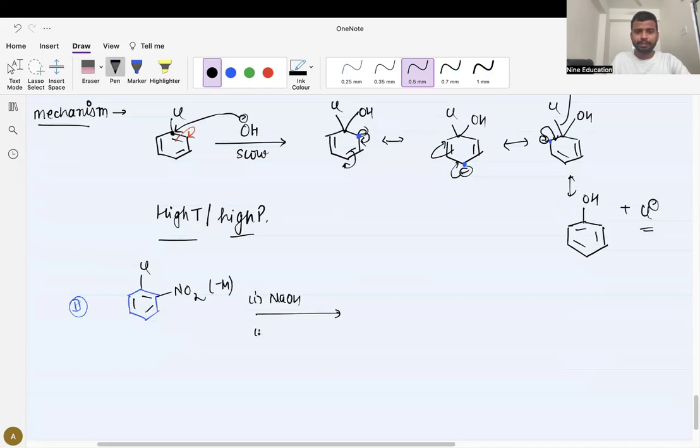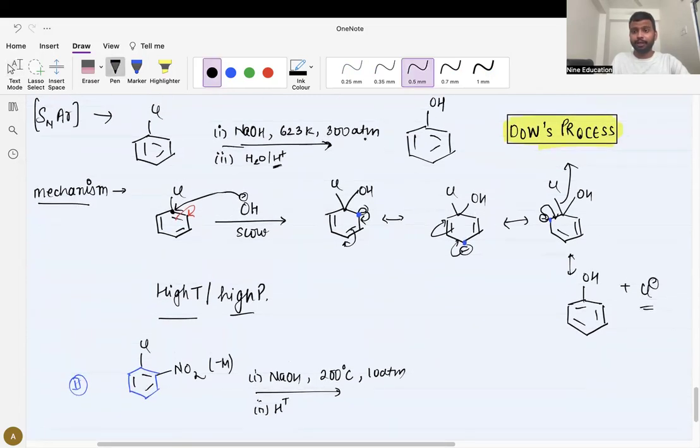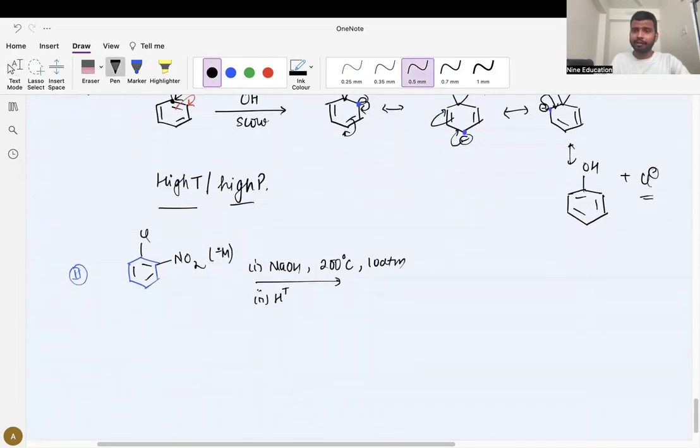See beta, in this reaction I can decrease my temperature to 200 degrees Celsius and 10 atm. Above it was 300 atm, very high pressure. Now if I added one NO2 at ortho position, it will make OH here and NO2 is here.